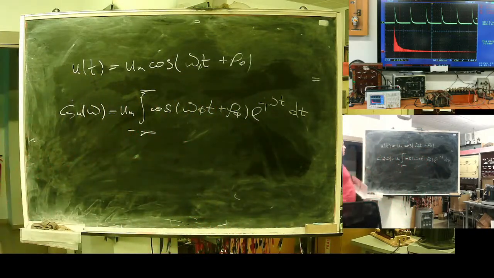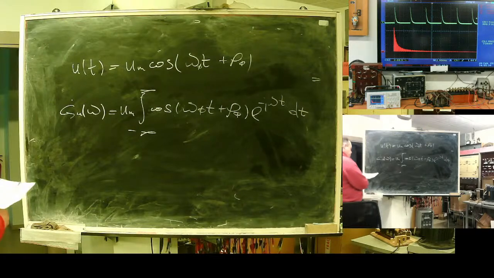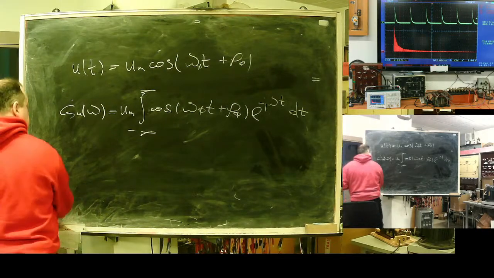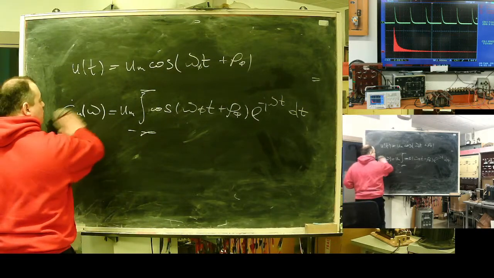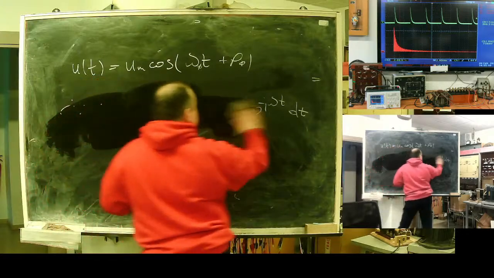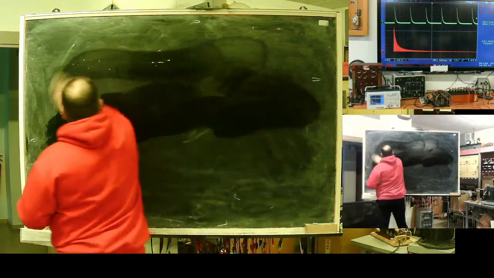What I need to do is substitute the cosine with an exponential function using Euler's formula.